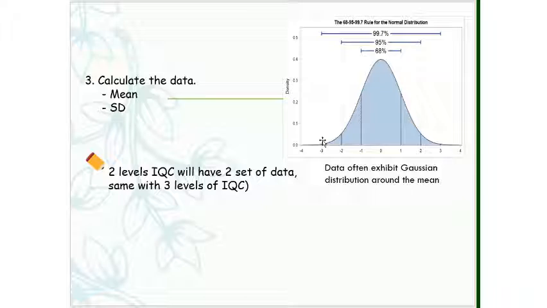With a correctly operating system, repeat testing of the same control sample should produce a Gaussian distribution. Most of the data will be concentrated at one point and a small portion will spread far from that point.